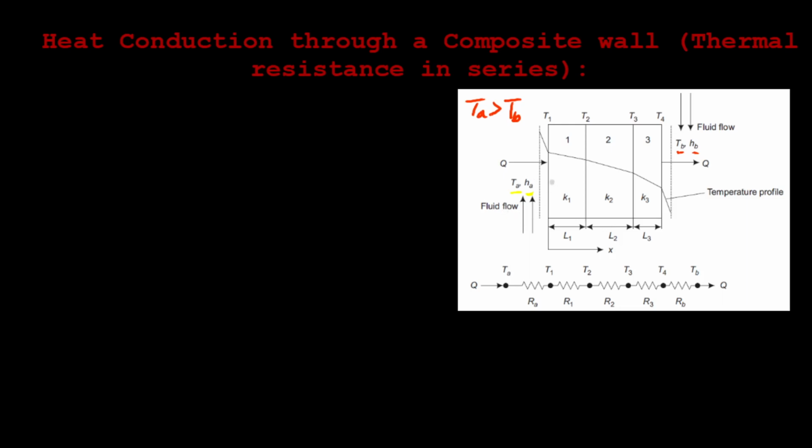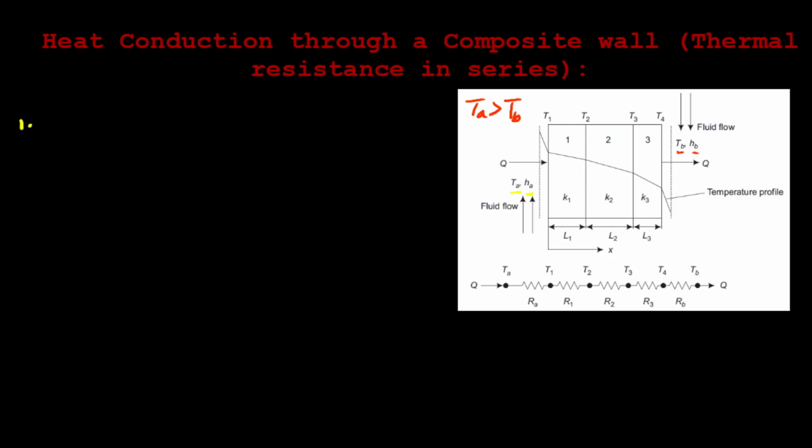First we have convection here, then we have conduction through slab 1, conduction through slab 2, then conduction through slab 3, and then we have convection on the right surface of slab 3. You can see that heat is flowing in this direction. Heat flows through each material one after the other. So the amount of heat flowing through each slab as well as the convective heat transfer will remain the same. So Q remains the same for all the cases.